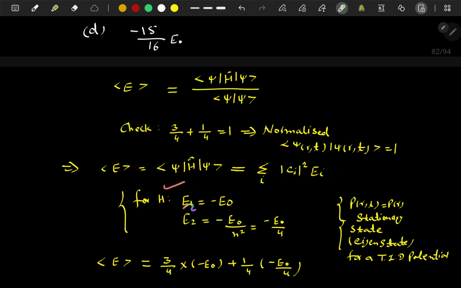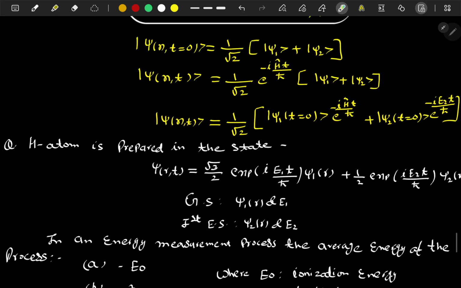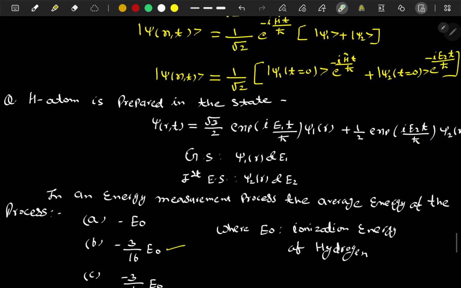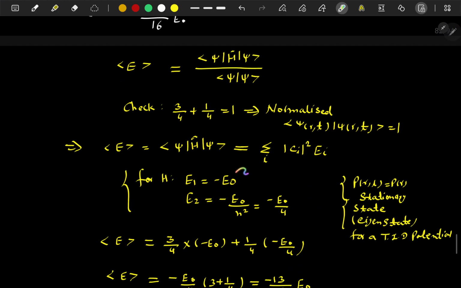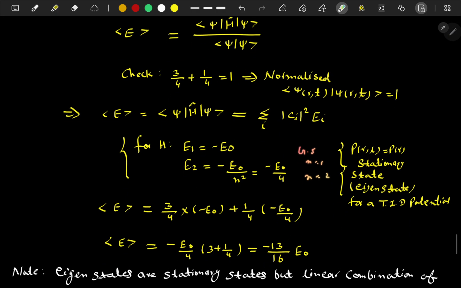For the hydrogen atom we know E1 is minus E naught, and the wave function is defined with the psi 1 and psi 2 terms. The E2 energy will also be needed. So we know the ground state energy is minus E naught and E2 equals minus E naught by n square, that is, E naught by 4. For the ground state n is equal to 1, and for the first excited state n is equal to 2.